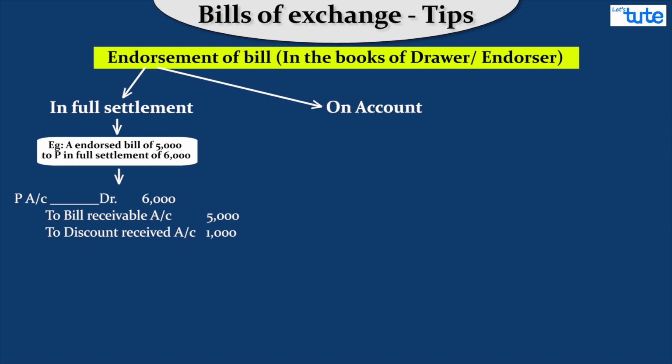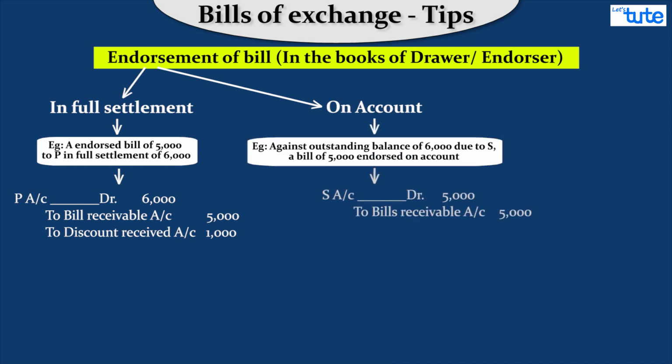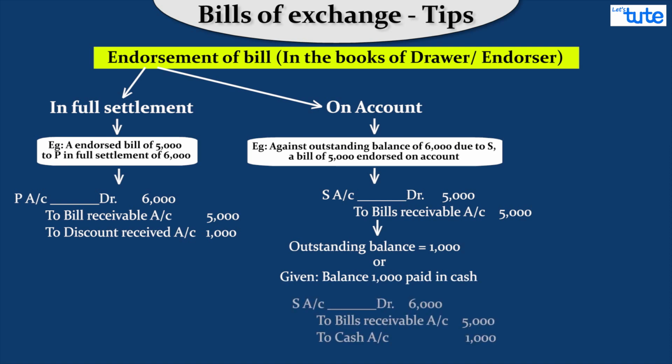But if it is given that against outstanding balance of 6,000 due to S, a bill of 5,000 endorsed on account, then remaining 1,000 is not discount, rather it is still outstanding to be paid, or they might give that 1,000 is paid in cash. So against payable of 6,000 to S, bill receivable account credit 5,000 and balance 1,000 credit in cash account.